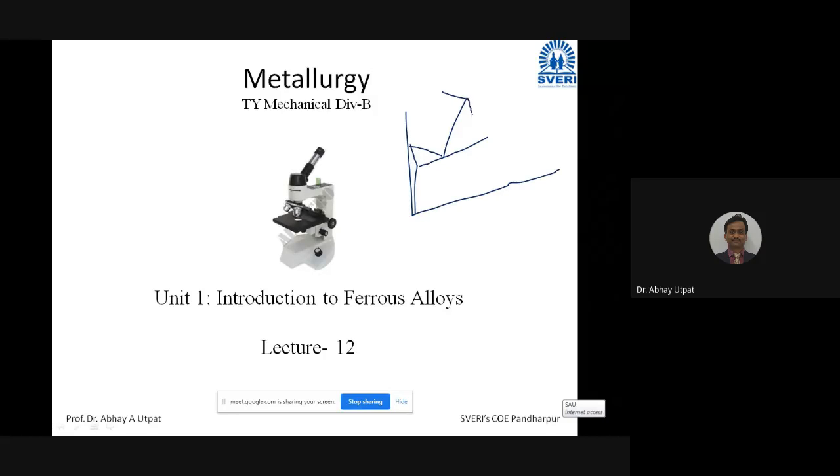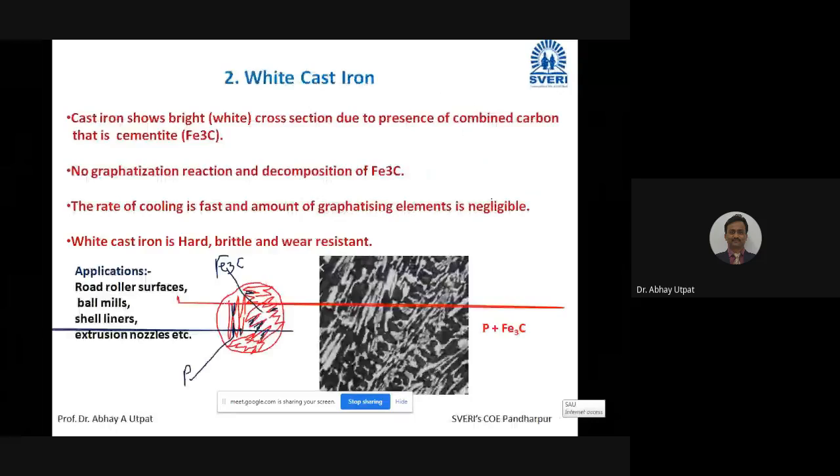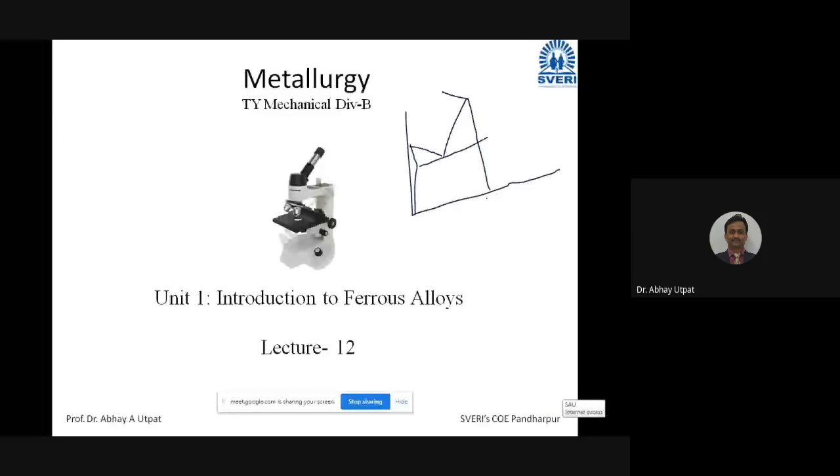This is 2%. And above this 2%, there is cast iron. So what is the structure here? It is P plus Fe3C. I hope you have opened your diagram.